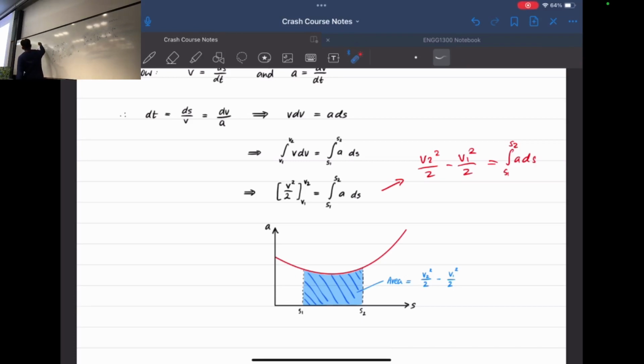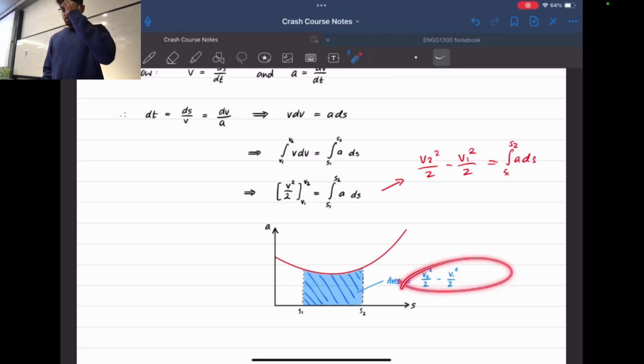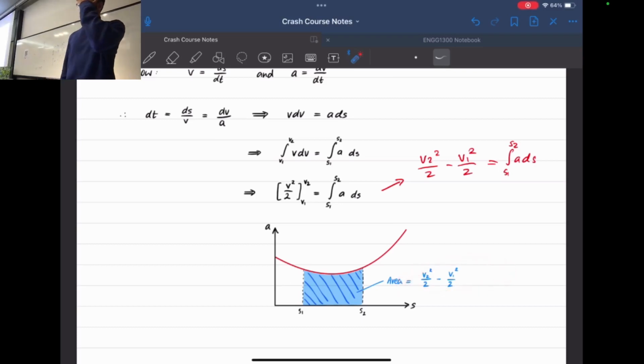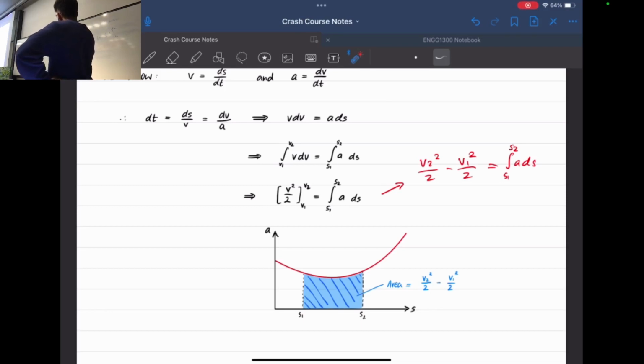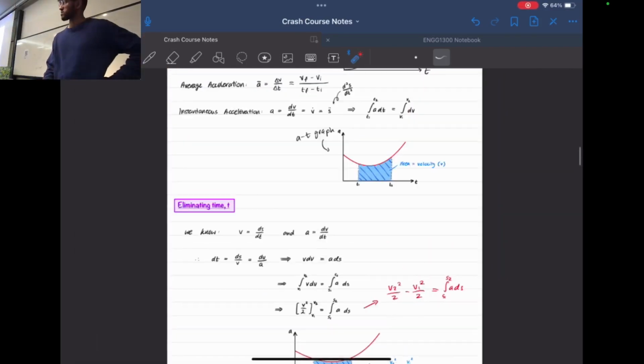But in this case, you're going to have to think about it as this. I don't think there's an exact term for what that's called, but we're just going to have to work with it. This is a bit more weird compared to the other two that we just looked at.